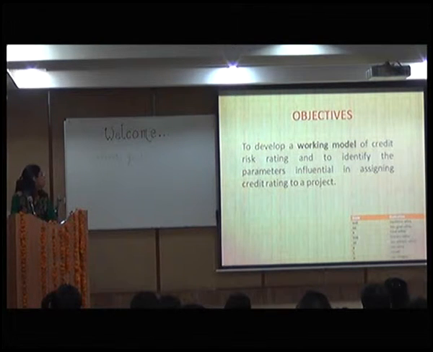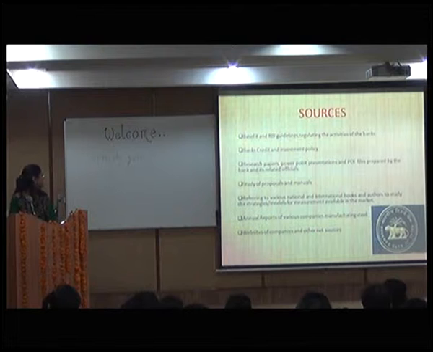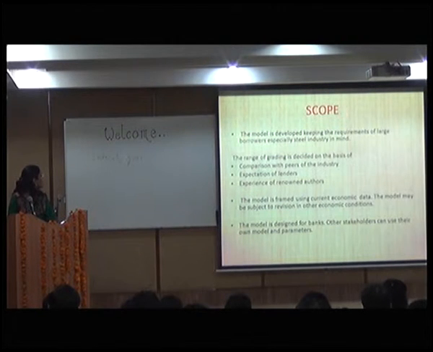The objective of my paper is to develop a working model of credit risk rating. The sources that I have selected for the model are basically the RBI guidelines, proposals, manuals, websites of companies. Now I come to the scope of my model.